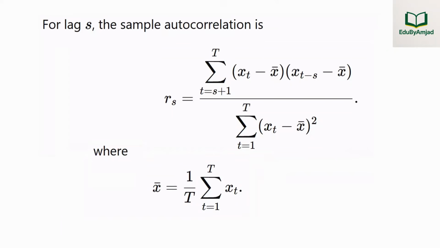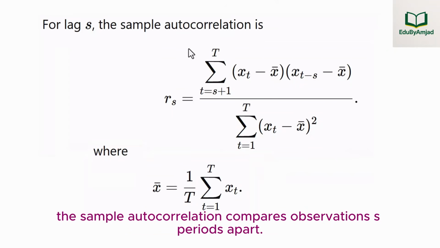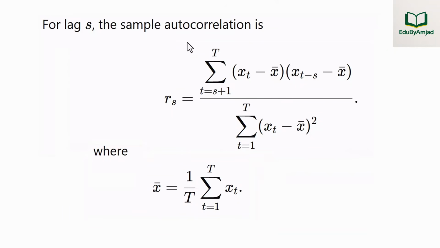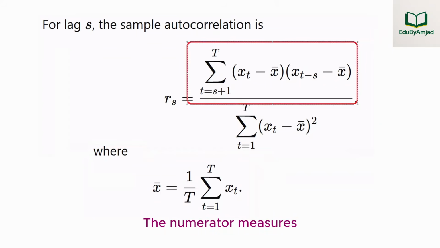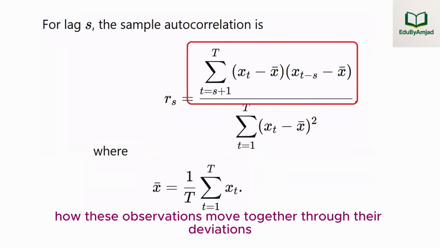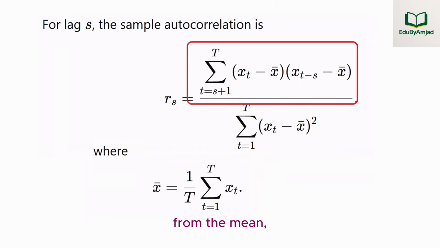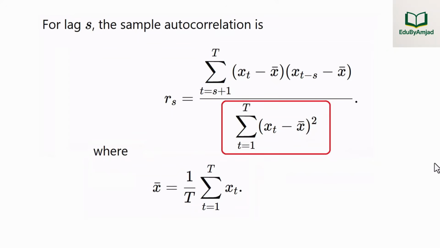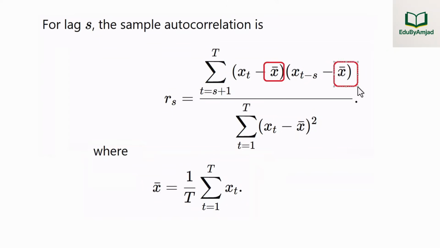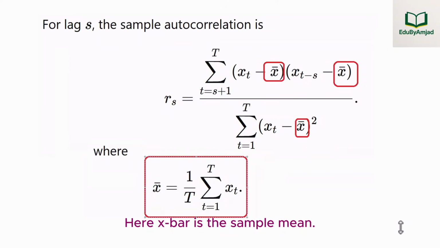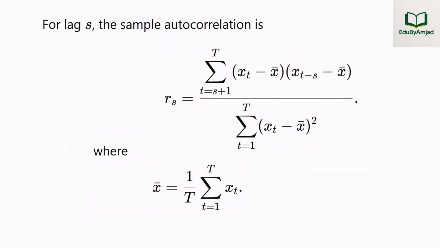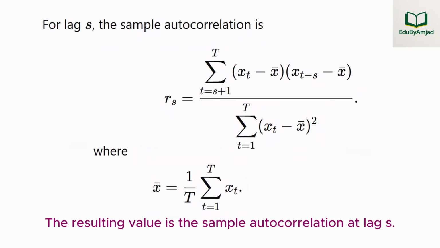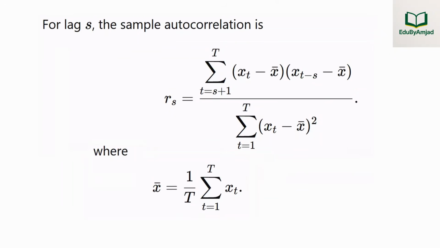For lag s, the sample autocorrelation compares observations s periods apart. The numerator measures how these observations move together through their deviations from the mean, while the denominator measures the total variation in the series. Here, x bar is the sample mean. The resulting value is the sample autocorrelation at lag s.